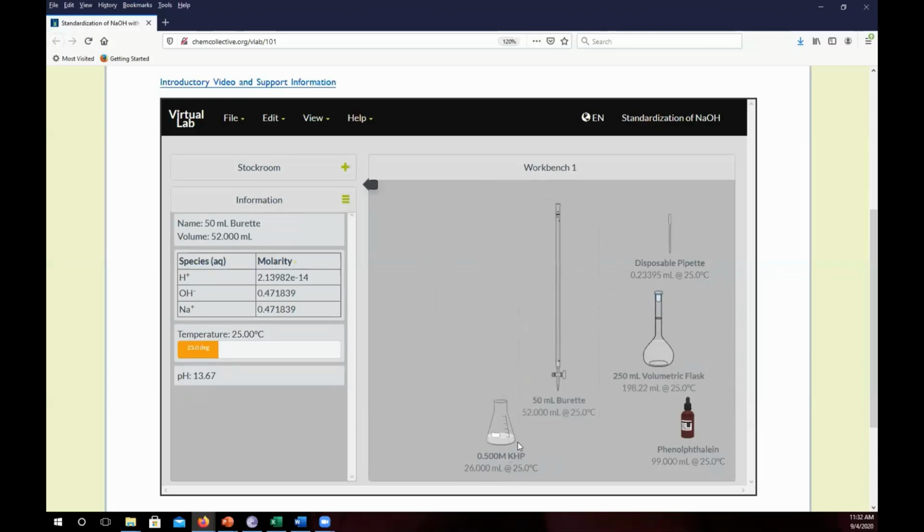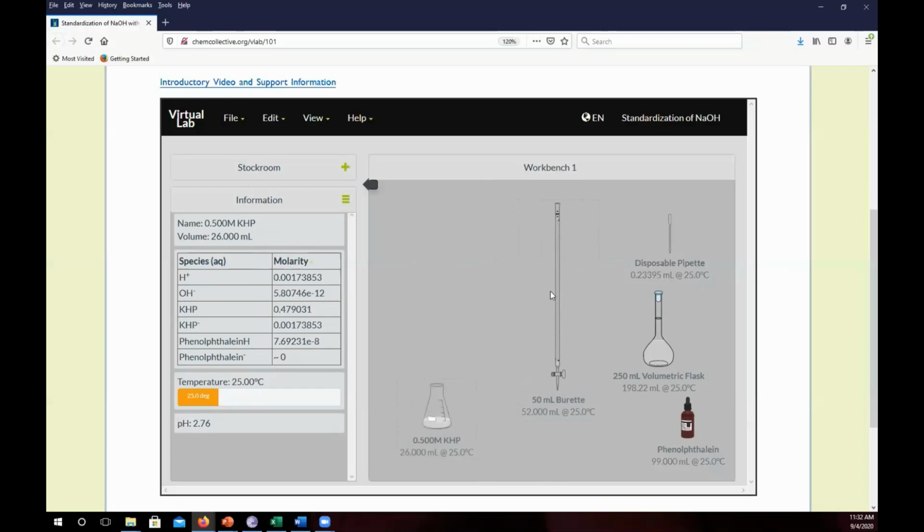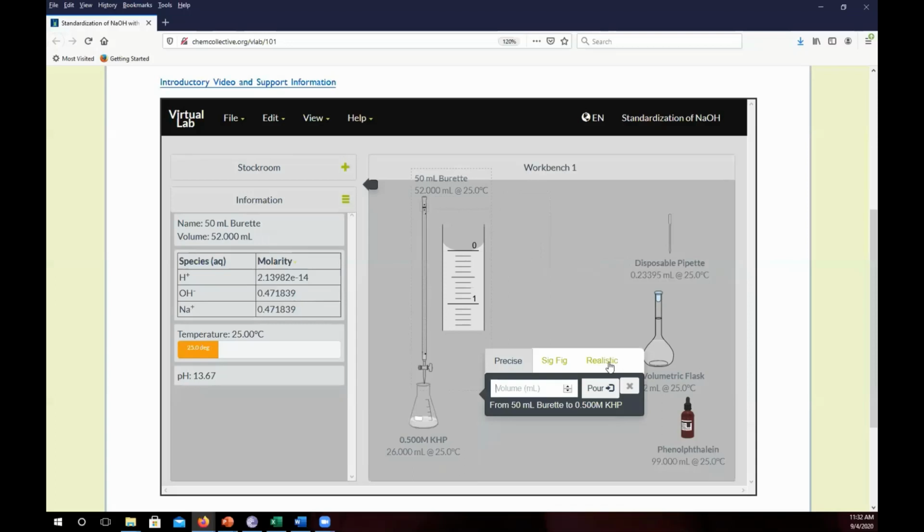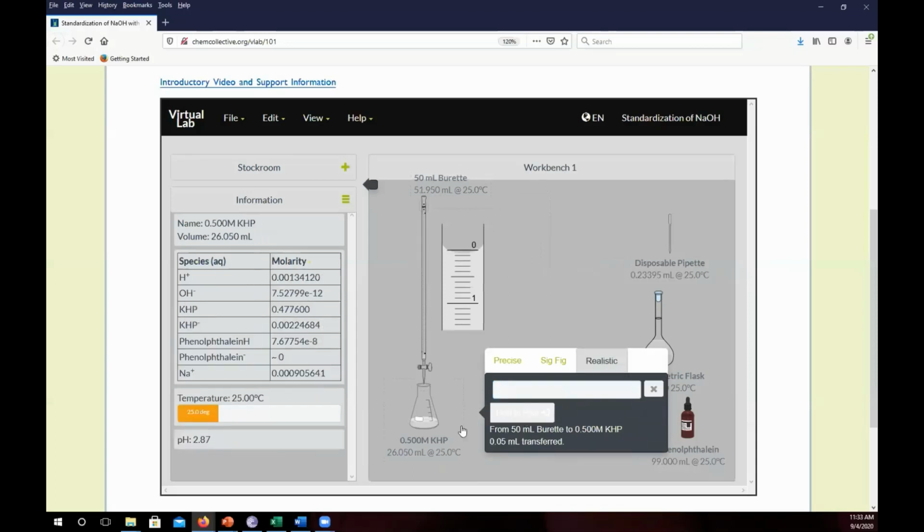The next step would be taking the burette and realistically dispensing it into the potassium hydrogen phthalate solution until the color of the solution in the flask changes to a pink color.